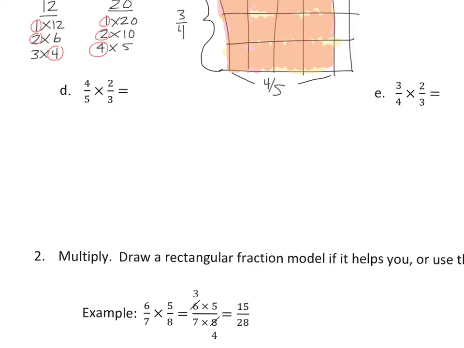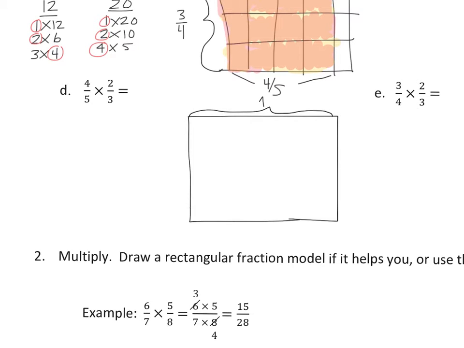All right, so let's go ahead and do 1D. Same thing. We have the problem 4/5 times 2/3. So using our fractional model as a visual, remember this represents one whole right here. It's kind of close to the other work that I had before, so I'm going to draw a little line to separate them.